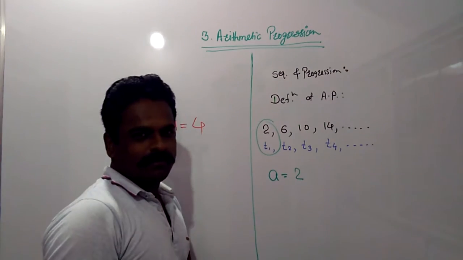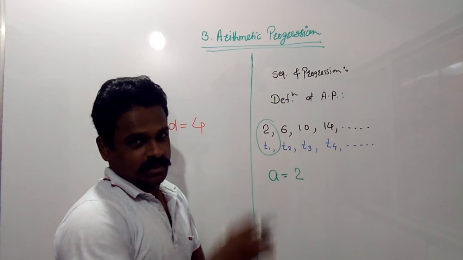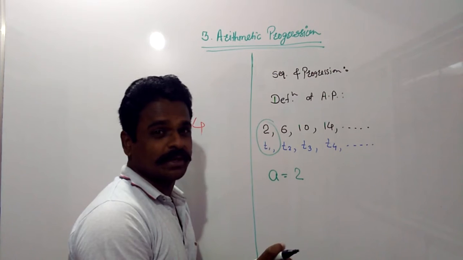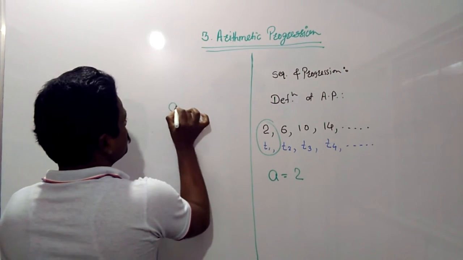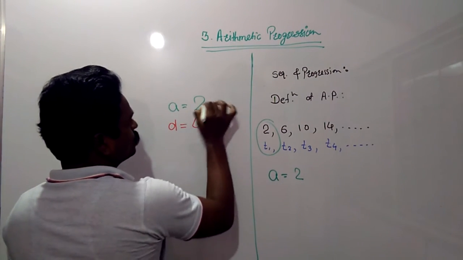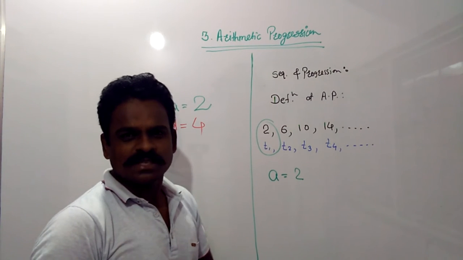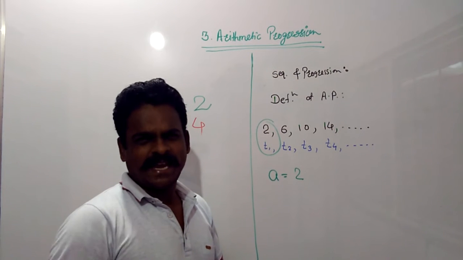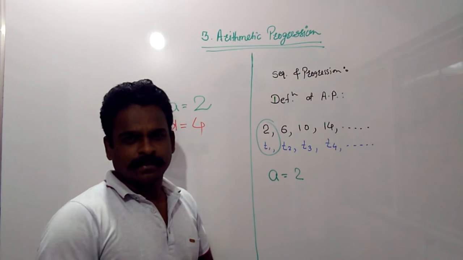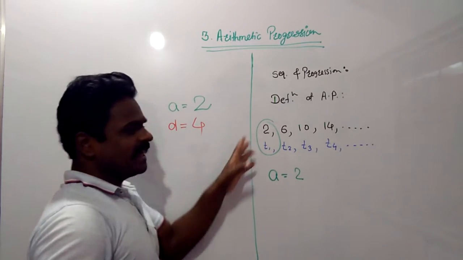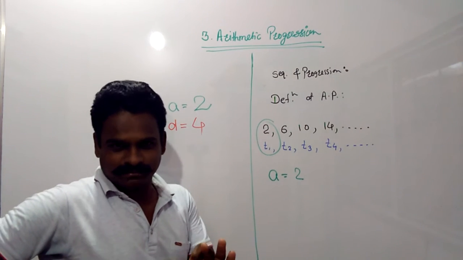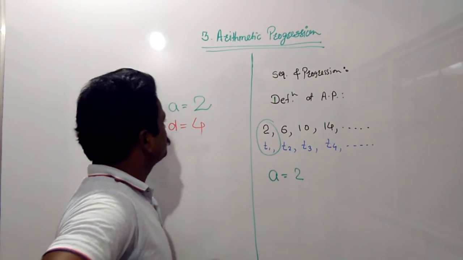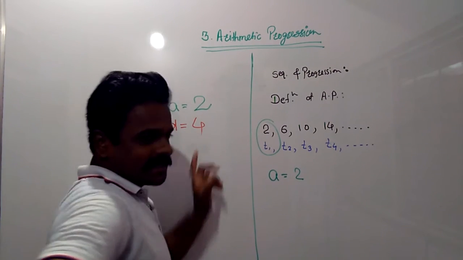The first term of any arithmetic progression is standardly denoted by small a. So a is 2 and d is 4.